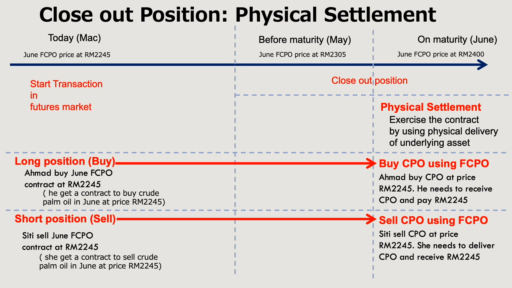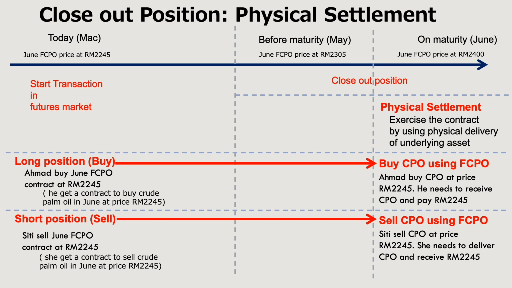If you take short position, for example in CT example, okay, CT start his position in futures market in March. CT sell June FCPO contract at price RM2245. So basically, CT get a contract where in that contract it states that CT agreed to sell physical crude palm oil in June at price RM2245. So when it comes to June, if CT plan to close out his position by using physical settlement, CT need to exercise the contract.